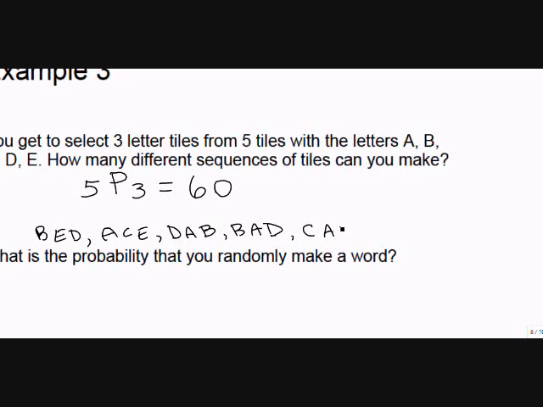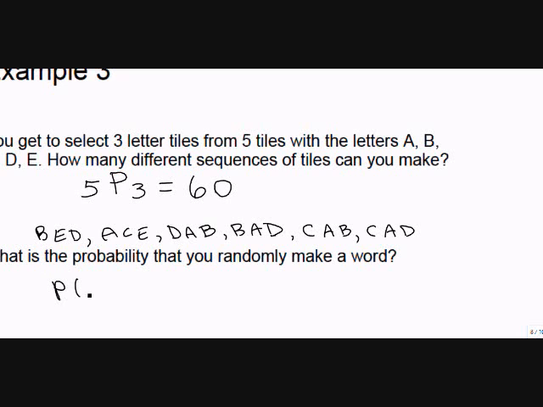Cab. CAD. Any others? 1, 2, 3, 4. Are we going to count Deb? DEA. Bed, bad. Is that all of them?